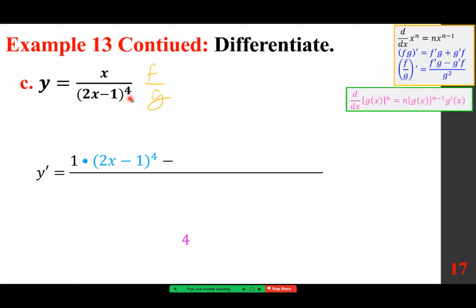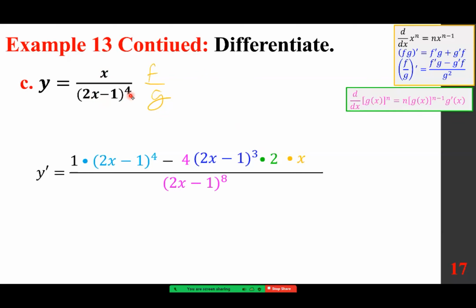So 4 times (2x minus 1) cubed. By the chain rule, the derivative of the inside is 2. And then G prime times F, put the x next to it. The bottom, just write this to the power of G squared, so to the power of 4 times 2, 8.